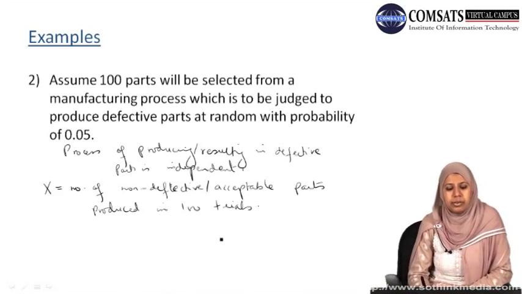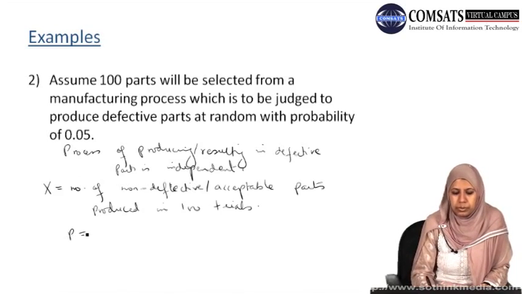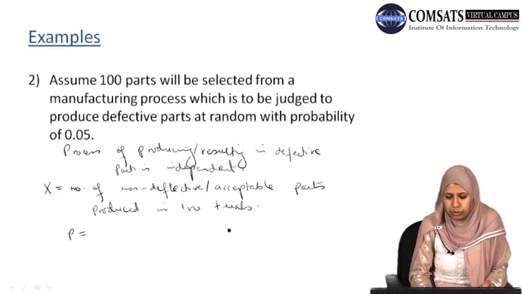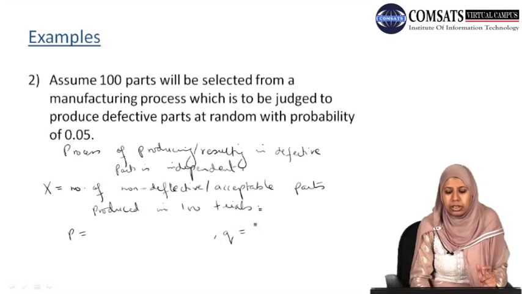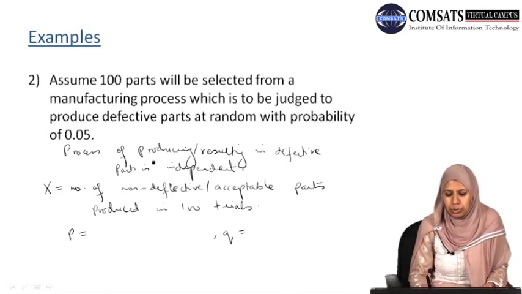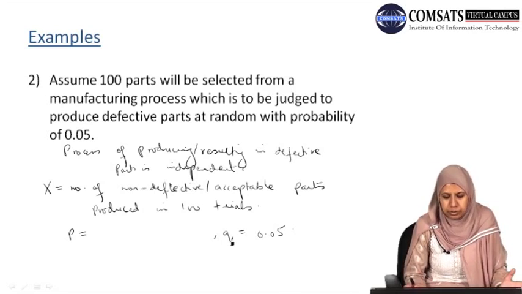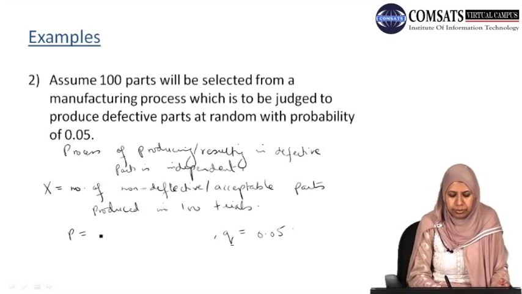So this will be our random variable x, and our p we don't know directly, but from the data we clearly know that defective parts occur at random with probability 0.05. So q, the probability that a defective part is produced, is 0.05.